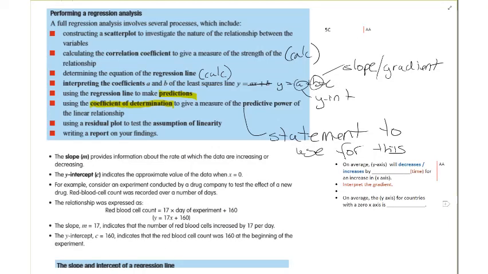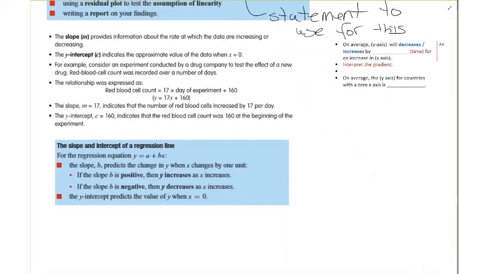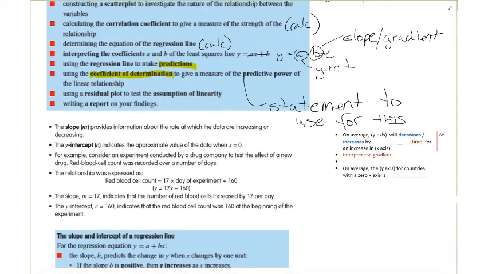You can write a report on what you've seen, your findings. But often there'll be specific questions after specific things here. So we've got the slope, which was previously known as m, but in our case that's b. The slope provides information about the rate at which the data are increasing or decreasing, and the y-intercept indicates the appropriate value for the data when x equals 0.